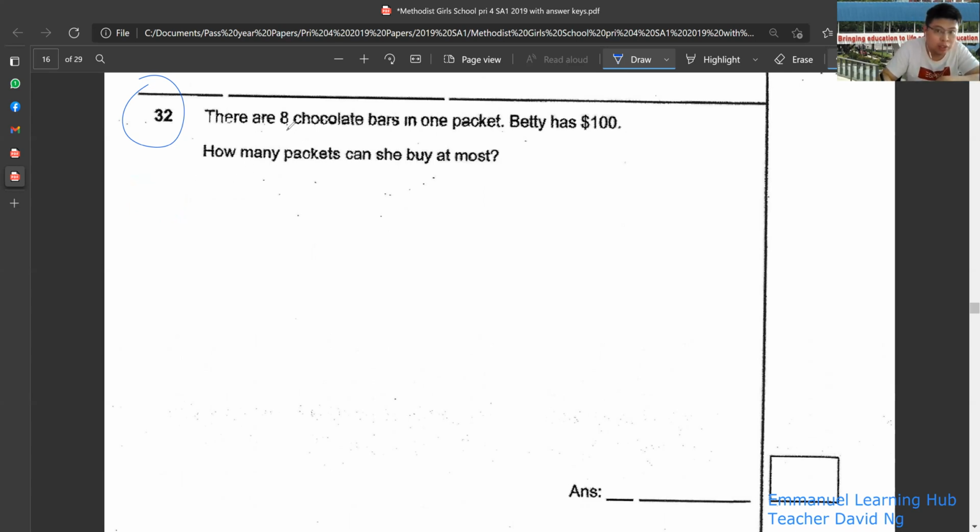Each packet of chocolate bars costs $8. This sentence you should change to: each packet of chocolate bars costs $8. Betty has $100. How many packets can she buy at most? Then what must you do?